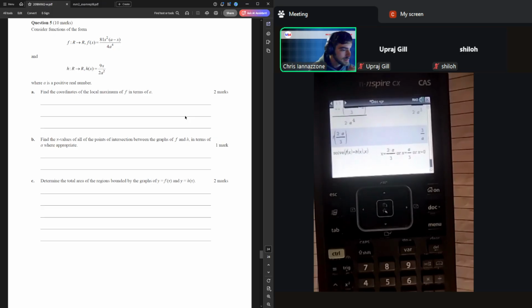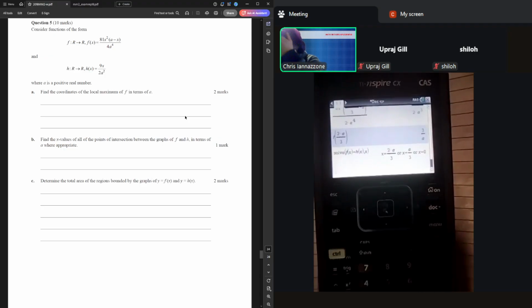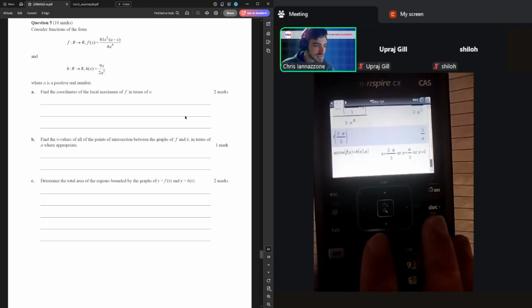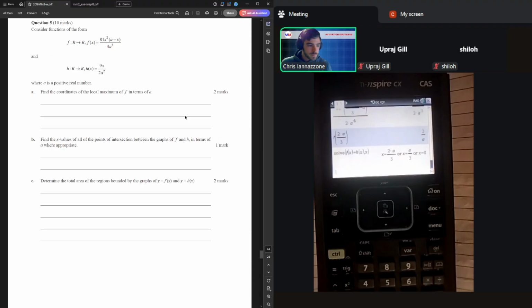Part C. What is the total area bound by f and h? Okay. So area bound, there's a lot going on with that. This is where having that graph can be kind of nice, actually. Well, actually, there is a good point here.